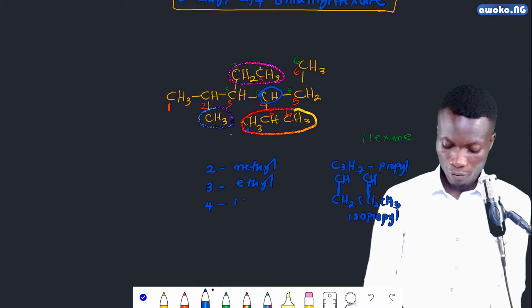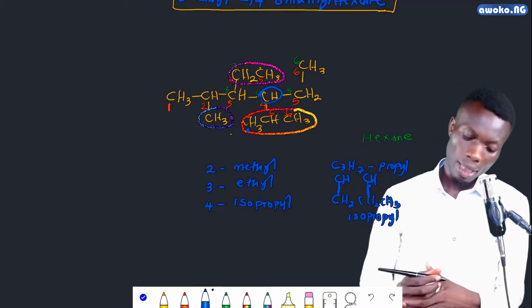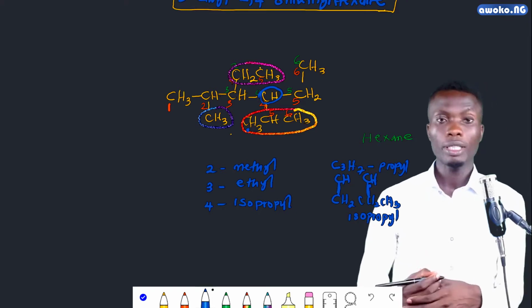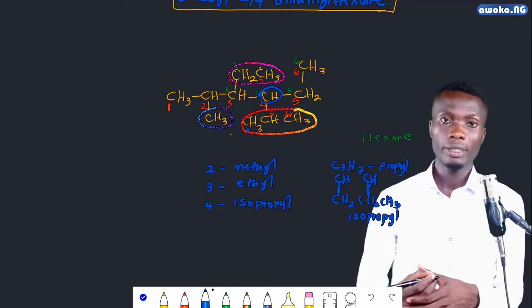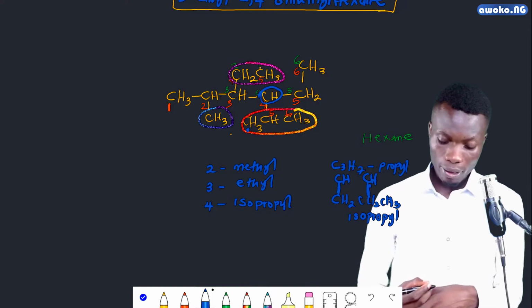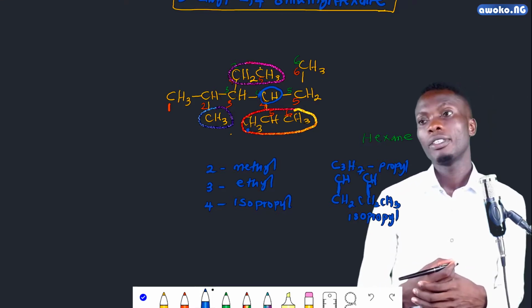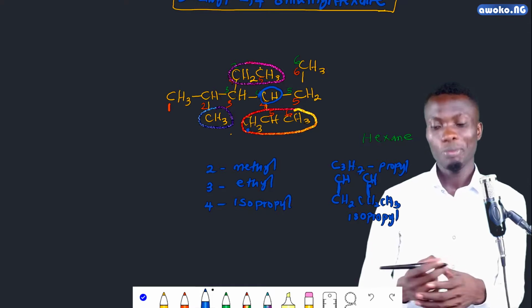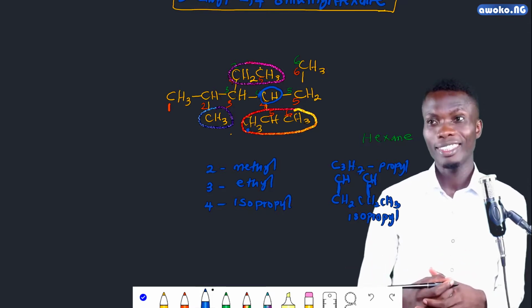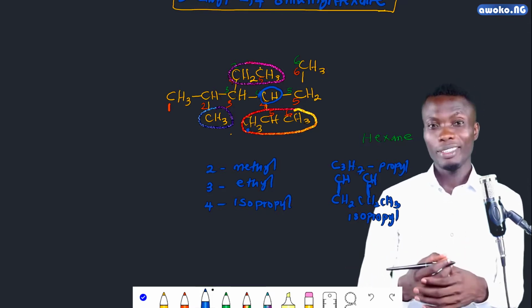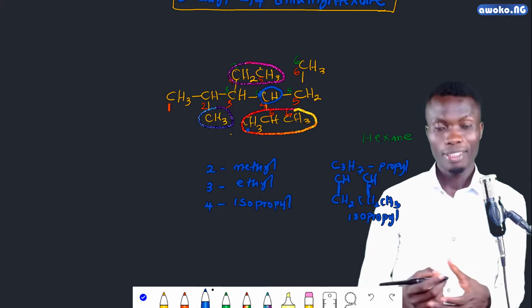So on position 4, we have isopropyl. So we have been able to outline all the branches we have in this structure. First, our parent chain is hexane, and then we have methyl on position 2, ethyl on position 3, and isopropyl on position 4.